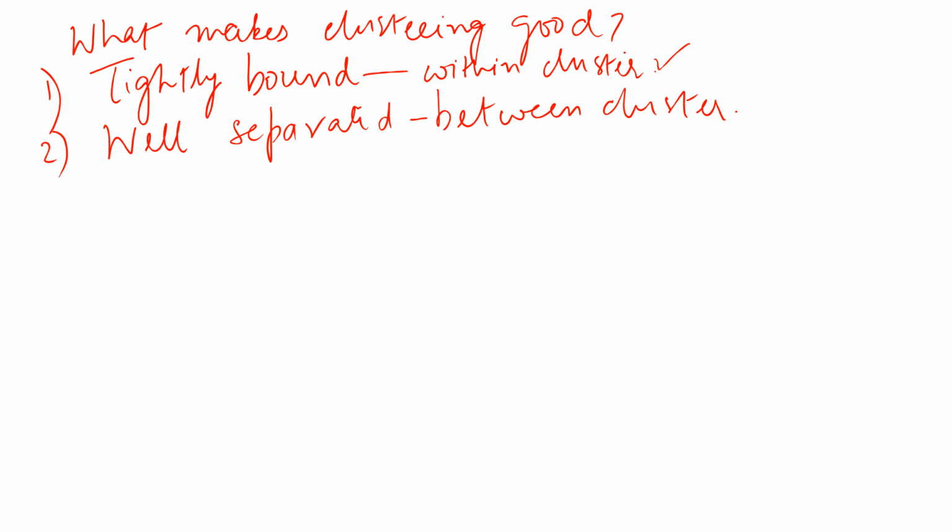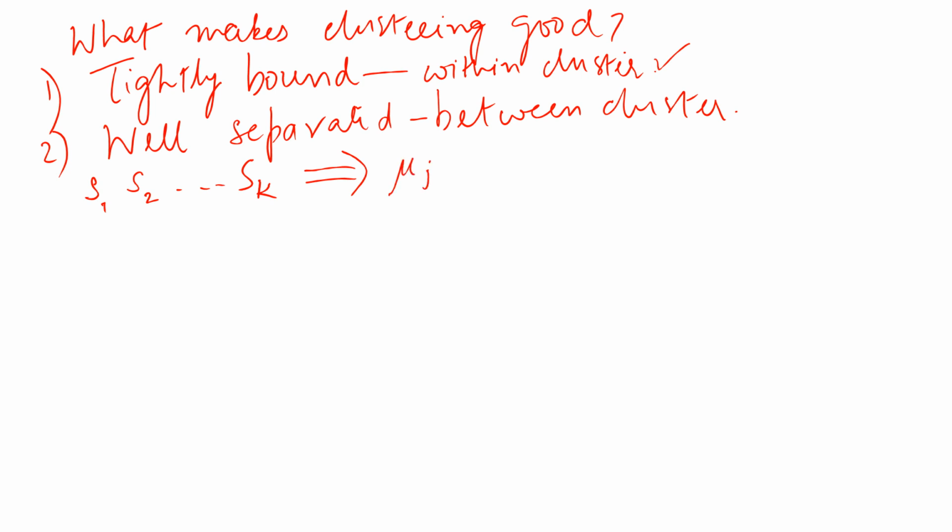So, focusing on the first criteria, we define a clustering error. So what is this clustering error? This clustering error will be defined for every cluster, and that is going to be in terms of the distance of every point from the center. Think of we have these S1, S2, and so on, SK clusters, right? And each one of these has some center because these are almost circular, right?